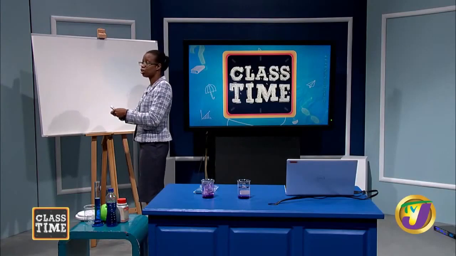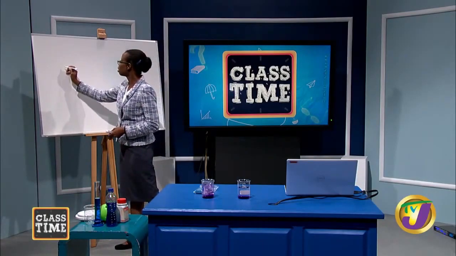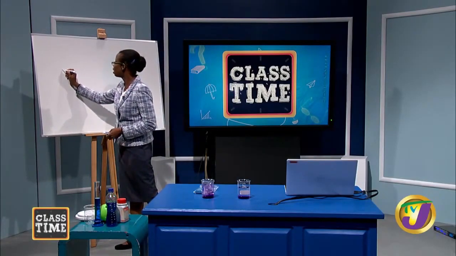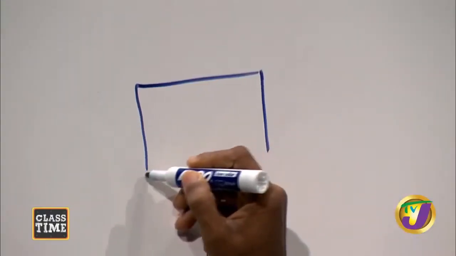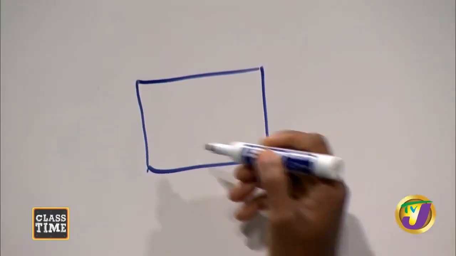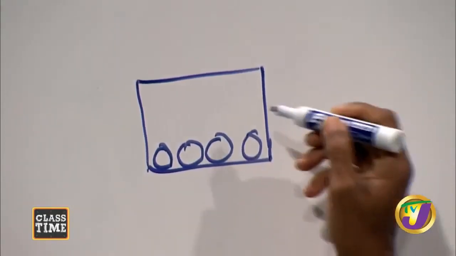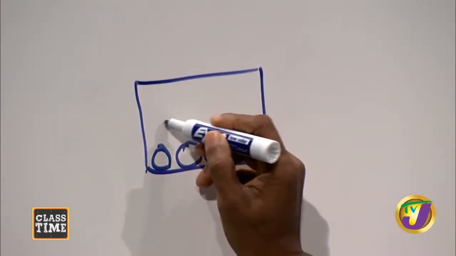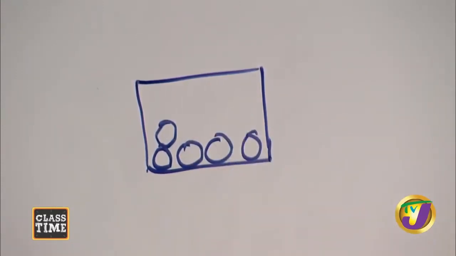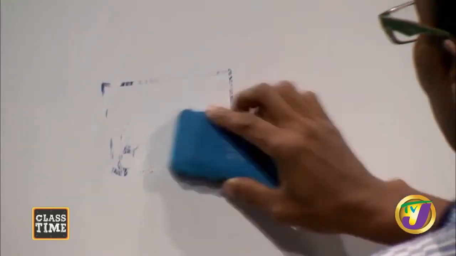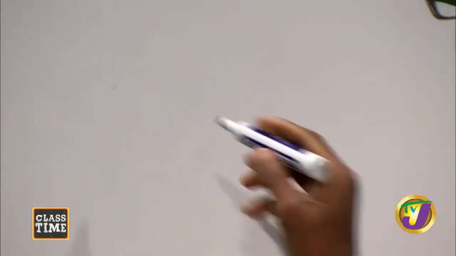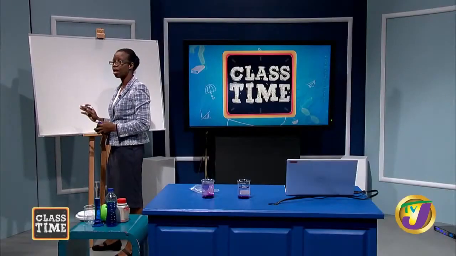So if I were to show how a solid is arranged, consider a cube and consider some solid particles packed in this cube. So let me start again. My diagram is a little off. So in a solid, how are the particles arranged?